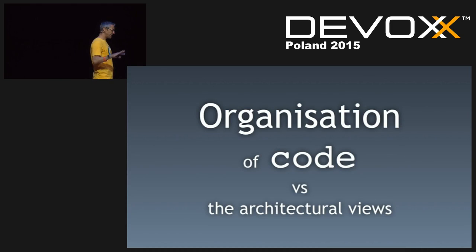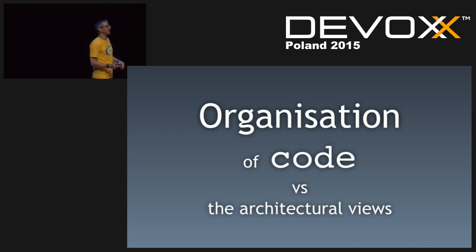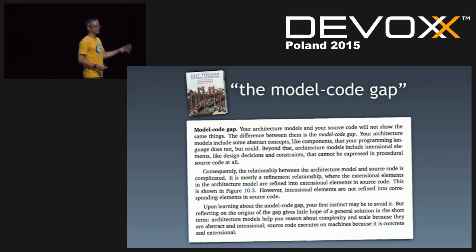So what this is basically about is the organization of the code versus those architectural views. And these are two different things, and we think of them separately. Modules and components and services, and packages and layers and things like this. Now, this is not a new problem. A friend of mine, George Fairbanks, has got a fantastic book about software architecture called Just Enough Software Architecture.